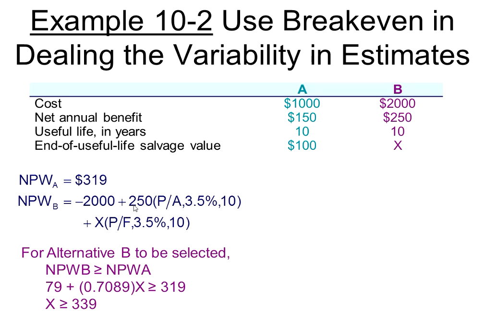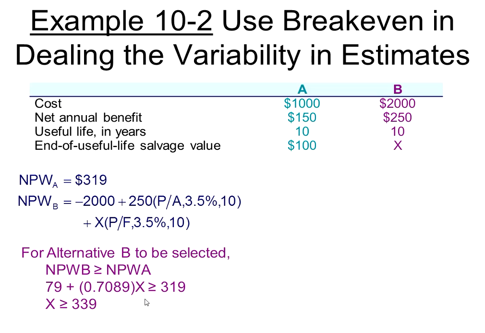And this P given F value is 0.7089. So the net present worth equation simplifies to 79 plus 0.7089x, and this should be more than 319, the net present worth of A, for alternative B to be selected.